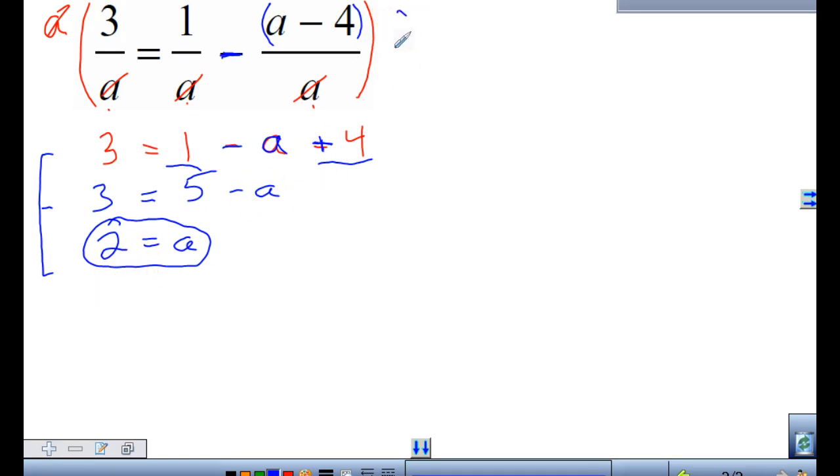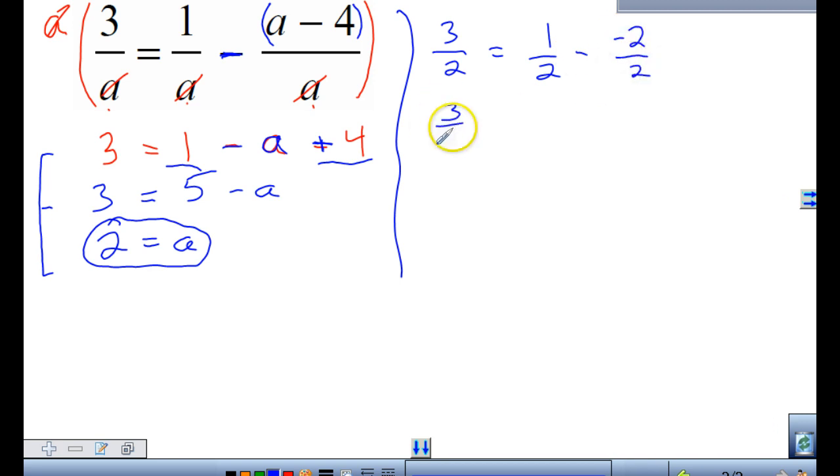And of course you have the option to check. It's 3 over 2 equals 1/2 minus a negative 2 over 2. So 3 over 2 equals 1/2 plus 2 over 2. Sure enough, 3 over 2 equals 3 over 2, and we know 100% we have the answer.